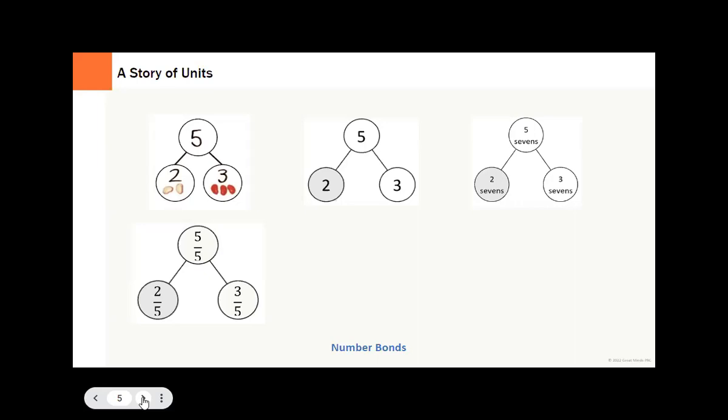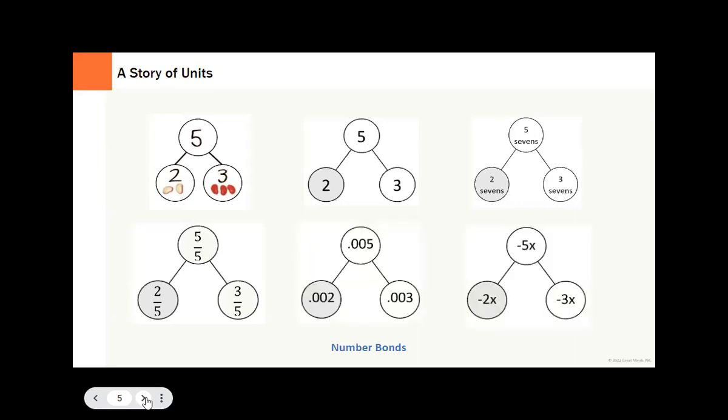This at the younger ages, helping the students understand if they have 2 7s and 3 7s, that would equal 5 7s. And then it continues on through representations of fractions, decimals, and even integers.